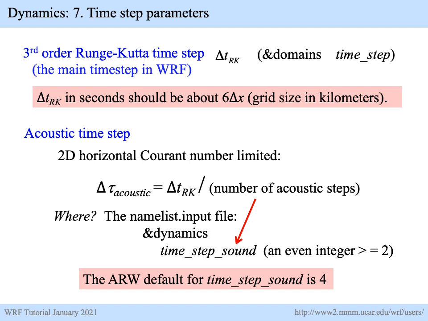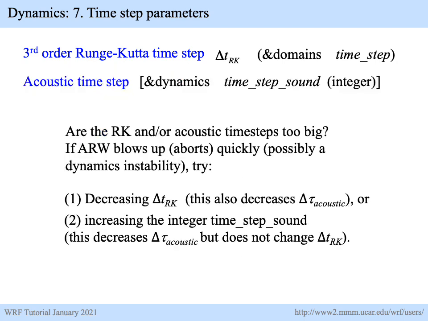That integer right now, the default for ARW, is 4, meaning it takes 4 acoustic substeps over that Runge-Kutta time step. So even though it's named time step sound, it's actually an integer that divides the Runge-Kutta time step to give you the acoustic time step, and it sits in the dynamics section in the namelist.input file.